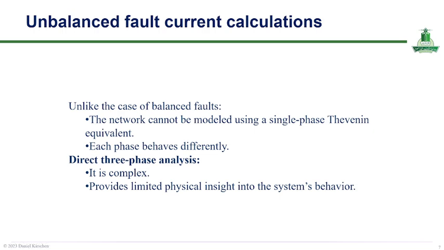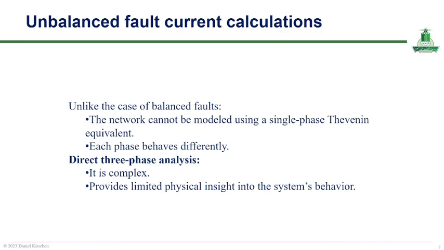All right, this slide explains why unbalanced faults cannot be analyzed using a simplified single phase model. In contrast to balanced faults, where the system can be reduced to an equivalent single phase Thevenin circuit, unbalanced conditions require a more detailed approach because each phase behaves differently. The asymmetry introduced by such faults means that voltages and currents vary independently across the three phases, making a single phase representation inaccurate.